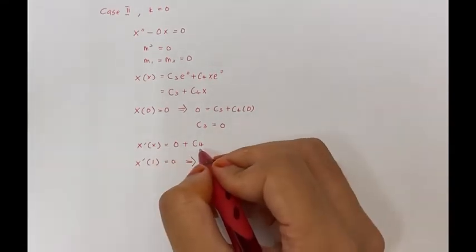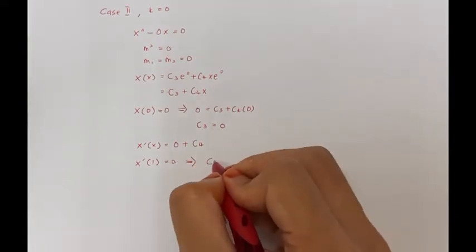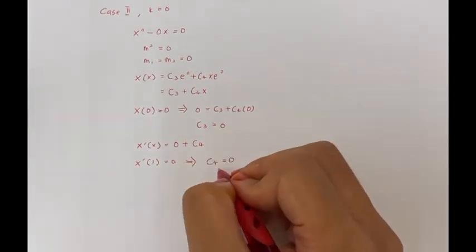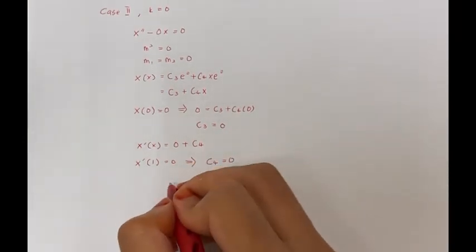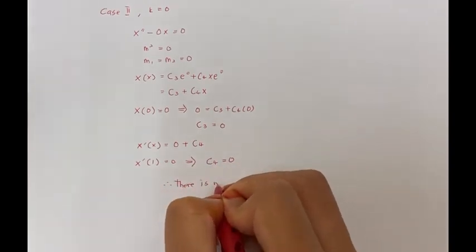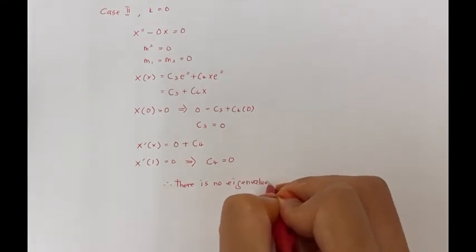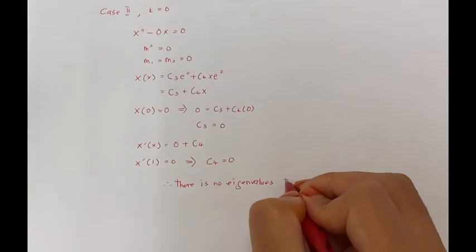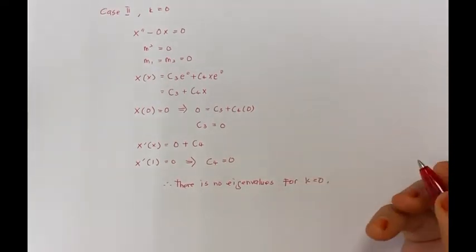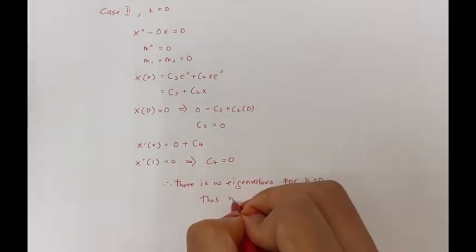When you substitute 1 into x prime, we don't have any x here, so we have just c4 equal to 0. Since c3 and c4 are equal to 0, you can conclude that there are no eigenvalues for the second case, where k is equal to 0. Again, we can omit the case.